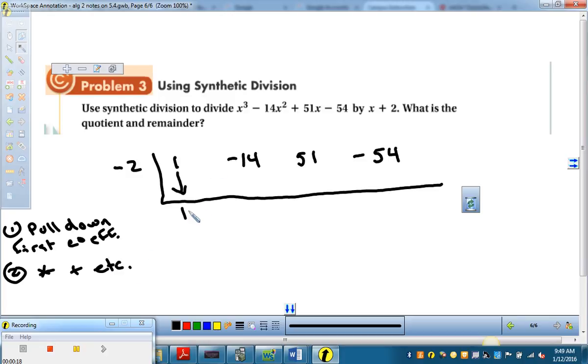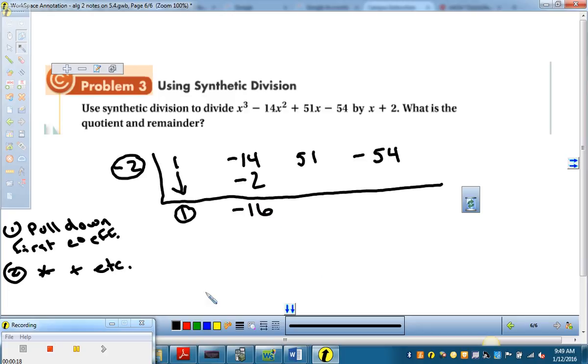So I am going to multiply 1 times negative 2, and I will get what? 1 times negative 2 is negative 2, that goes right there. And now we add. Negative 14 plus negative 2 is? Negative 16. Thank you, negative 16.